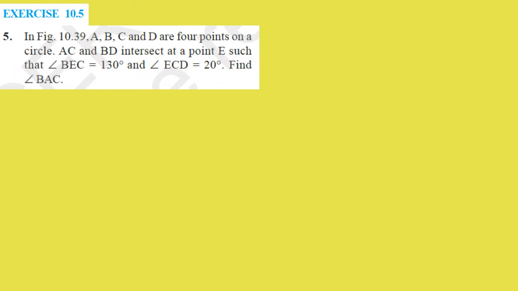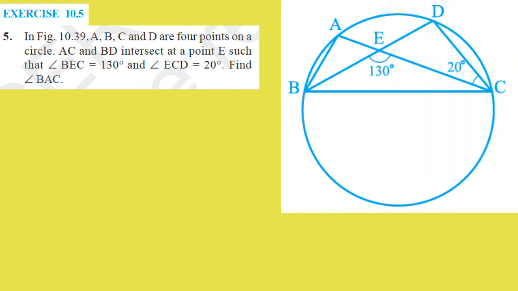Question 5. So, the figure. A, B, C and D are 4 points on a circle. AC and BD intersect at E such that angle BEC is 130 degrees and ECD is 20 degrees. Find angle BAC.